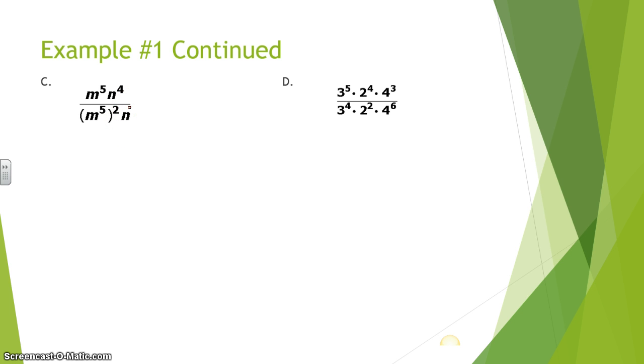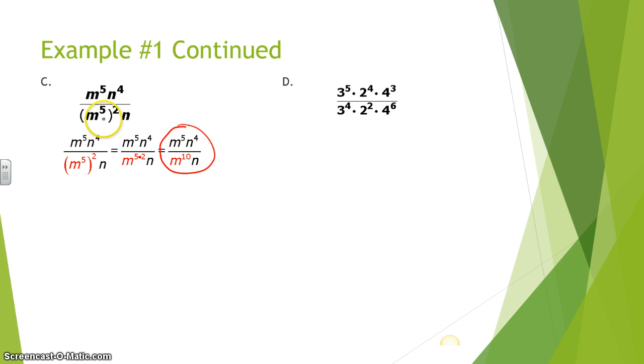So looking at this, we're going to write this out by finding our similar bases with exponents. When we have m to the 5th squared, remember we're going to multiply those exponents. So what this becomes as the denominator is m to the 10th n, and on the top we have m to the 5th n to the 4th, that stays.